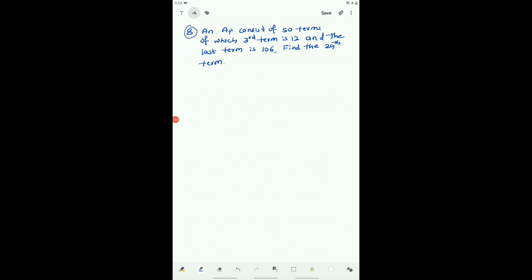Eighth question. An AP consists of 50 terms, of which third term is 12 and the last term is 106. Find the 29th term. Here there are 50 terms, third term is given and the last 50th term is given, and we have to find out the 29th term.